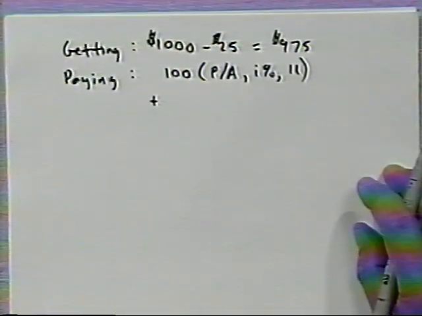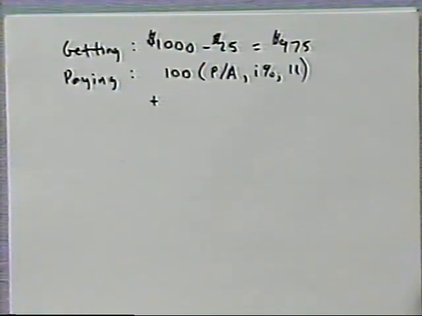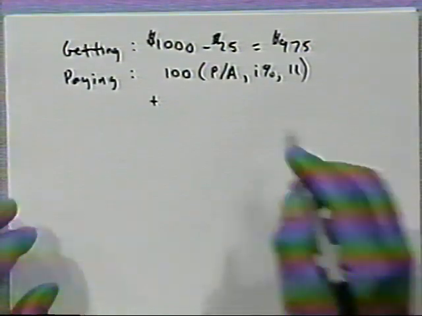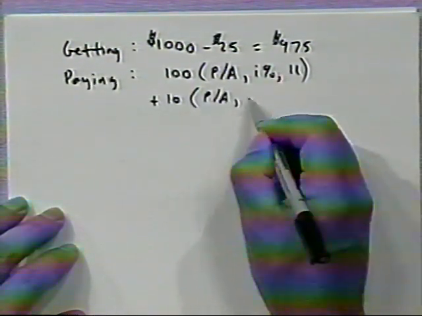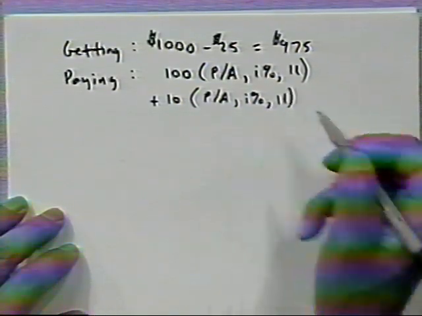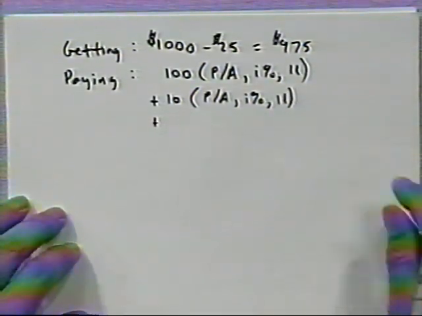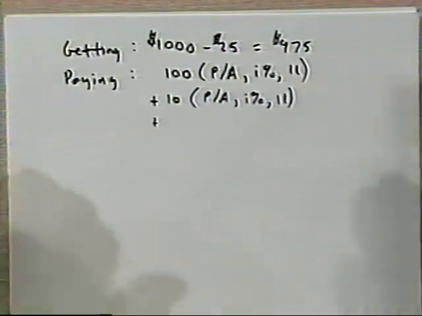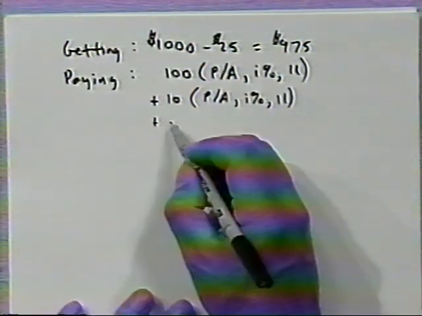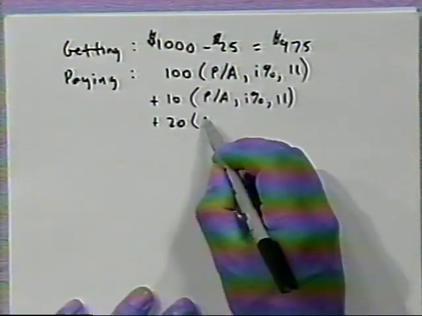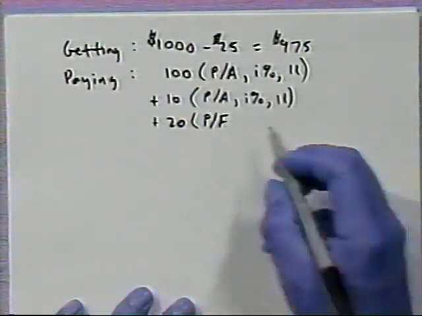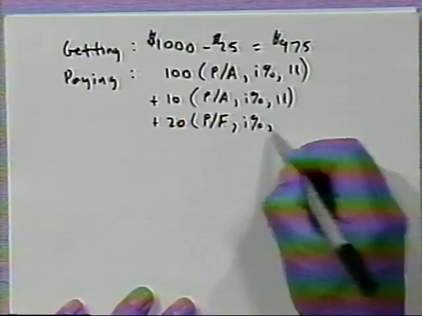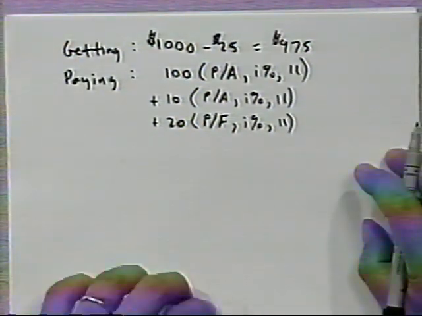But you're paying more than that. You're also paying the $10 fee per payment. And you're also paying this $20 non-optional closing fee. So that's $20 in the future as a future amount brought back at the unknown interest rate over the 11 periods.